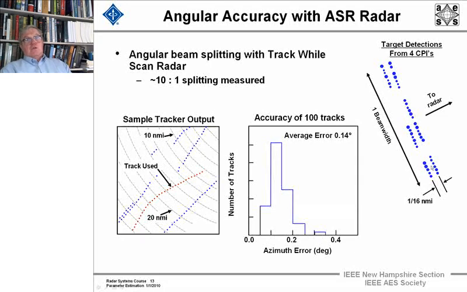And so you can see that the target, this is all from one target, is seen in adjacent range cells twice. And here it's seen in both PRFs twice, but in this range cell it's only seen in one PRF. And in this coherent processing interval for both range cells.